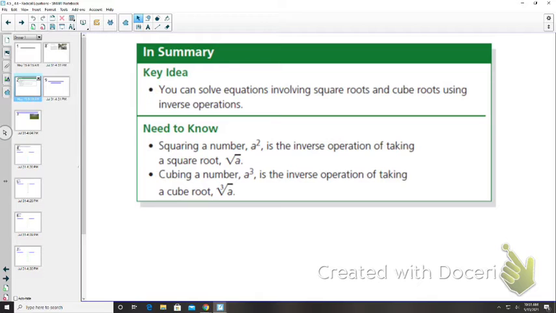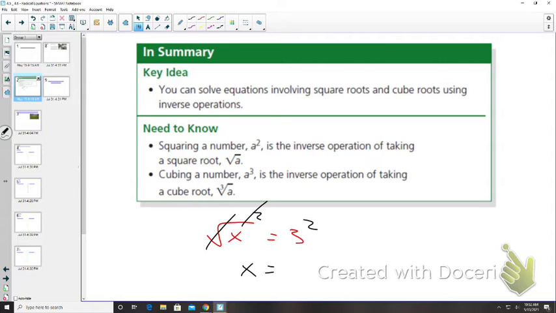If we have the square root of x is equal to 3, then to solve for x, we would square each side. Root x times root x is just going to be x. So if we square a square root, those terms will cancel. And then after you square that, we'll have x equals 9.